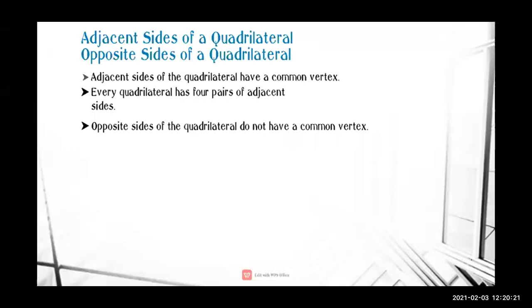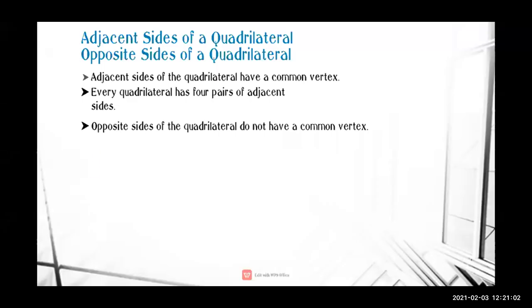See here, I will write some names. First Soham, then Rohan, then Riya, and last Kriya. Once again I am telling you the names. From this activity, I will explain how you are going to identify the adjacent sides.